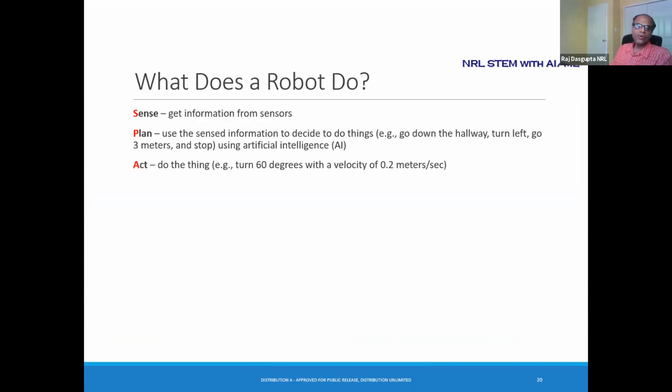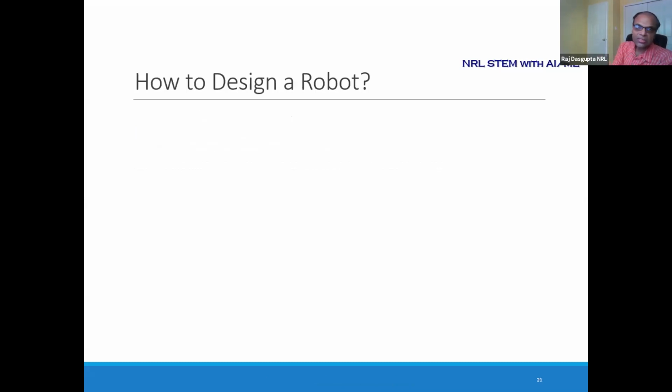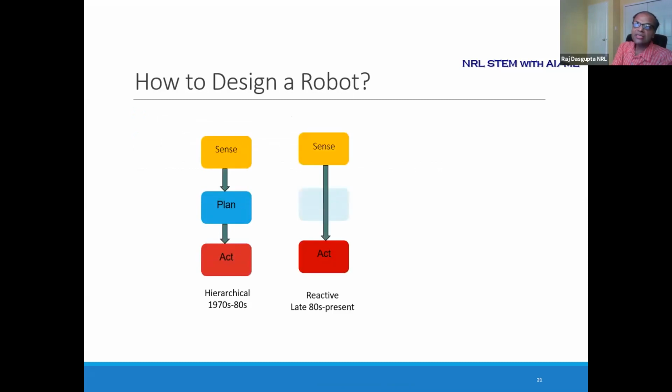So basically what a robot does is a sequence of things, just like humans do. They sense, they plan, and they act. Okay. So the first step is the most important, which is sensing, which is understanding what's around the robot. And historically, sensing was initially done together with planning and acting, but that proved to be too expensive because computers were very slow in the 1960s and 70s.